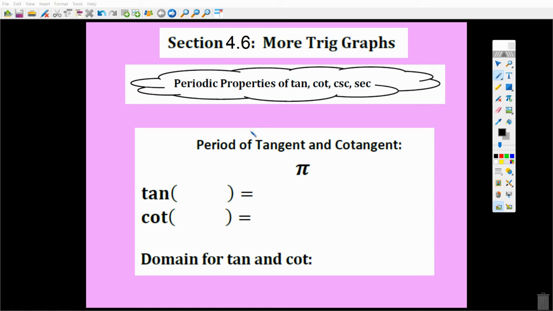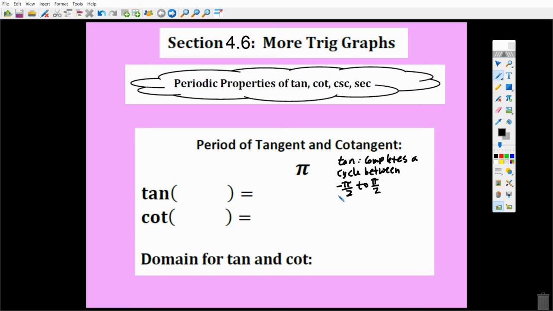We're going to start with tangent and cotangent, talking about when they complete a cycle. So I'm going to start with talking a little bit about tangent. Tangent completes a cycle between negative pi over 2 and pi over 2.